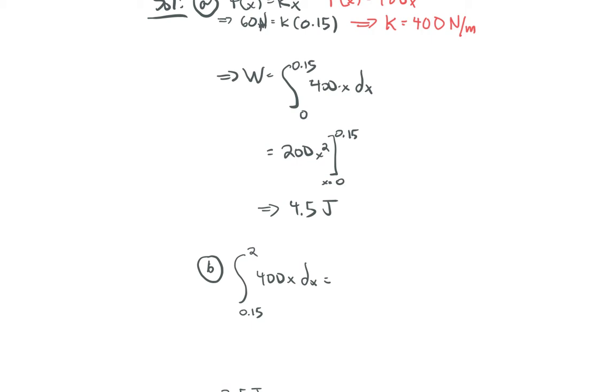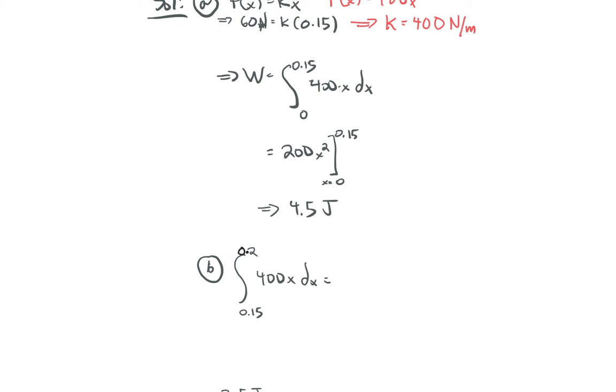Now for part B, we want to stretch it an additional 5 centimeters. So now we're starting at 0.15 and we're going to 0.2, because remember, the spring is at rest at 40 centimeters. So we're stretching it from 0.15 to 0.2.